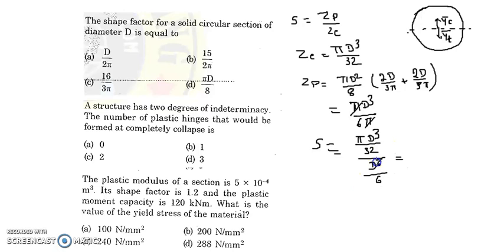Sorry, d cubed, not d to the power of 6. It cancels to 6 pi by 32. Do we have an answer? No, we don't have an answer. Oh, wait a minute. ZP is also pi d squared by 4, a by 2, into this thing, d cubed. That's fine.